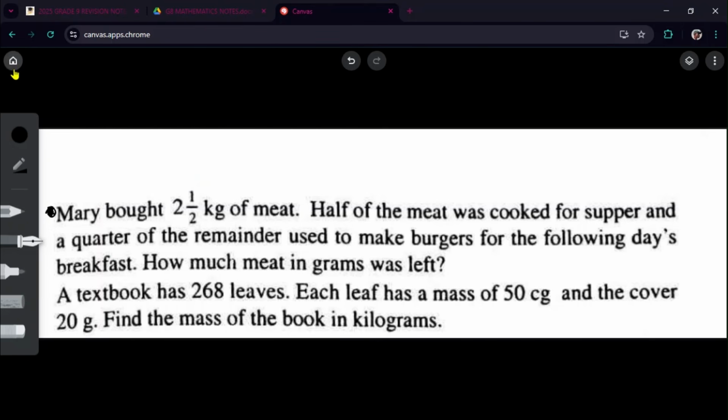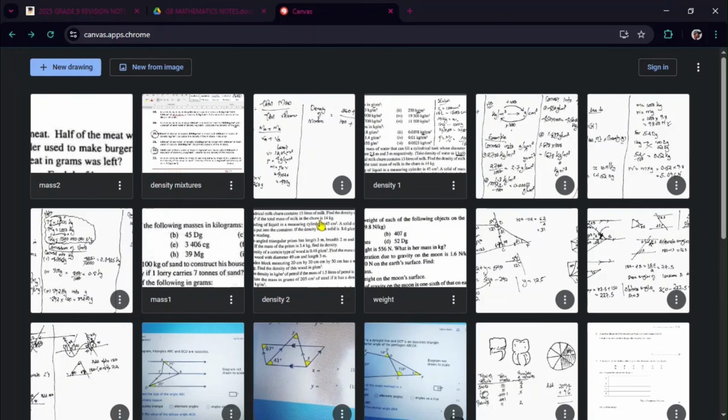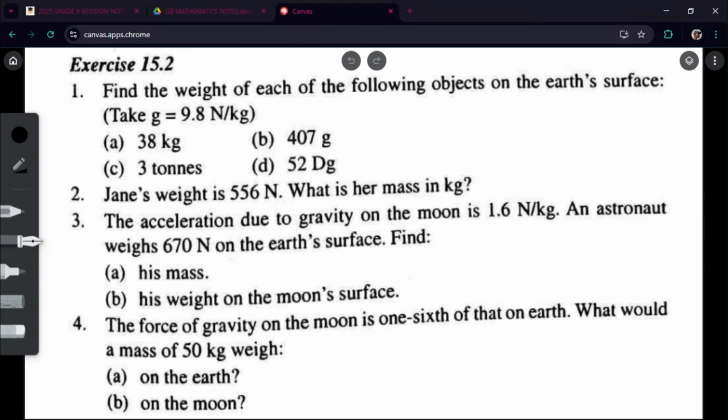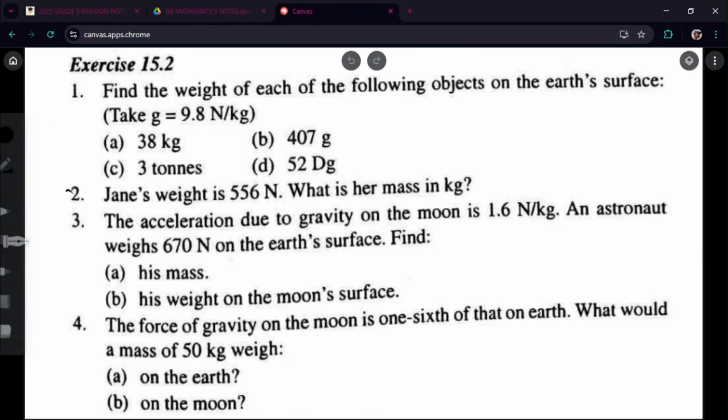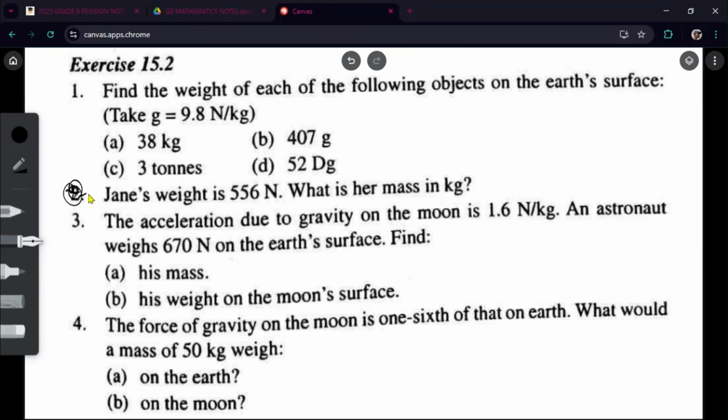And the last one, I'll pick one from weight. Weight, I think you can have this one number 2. This one to be as part of your assignment. You get the weight is that one. What is the mass?